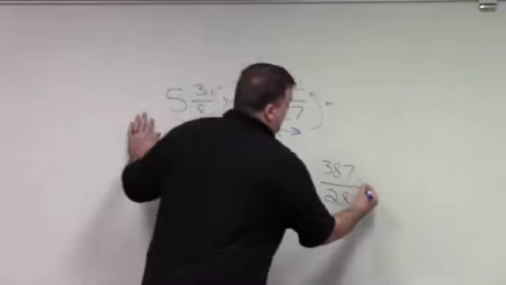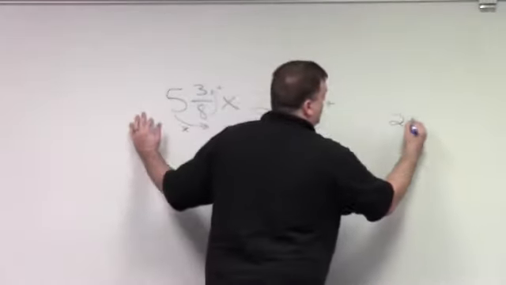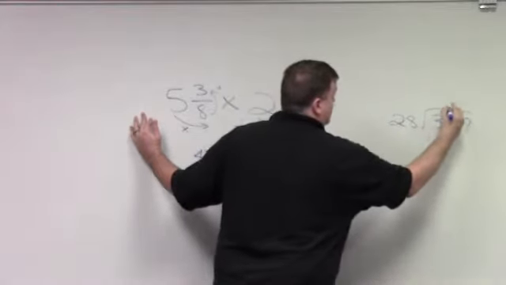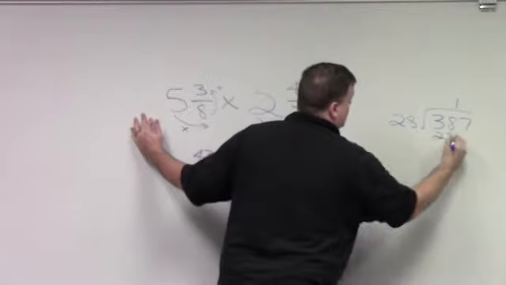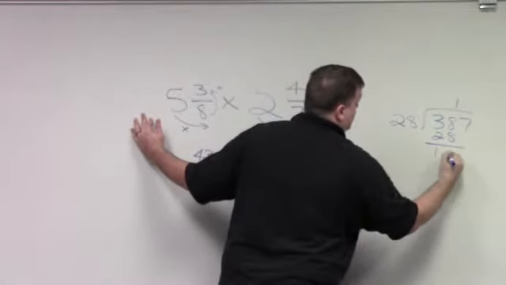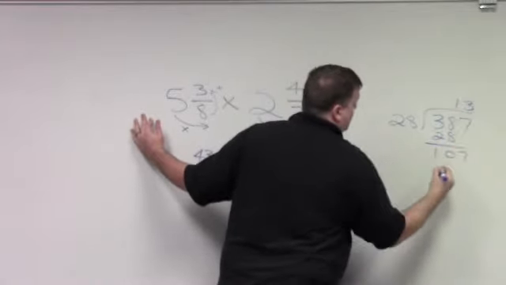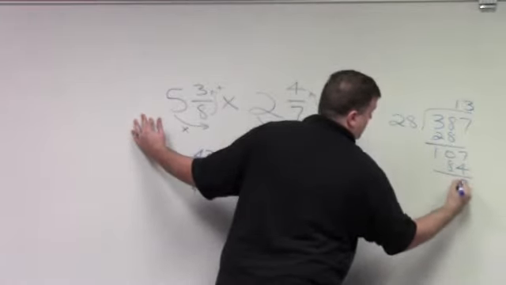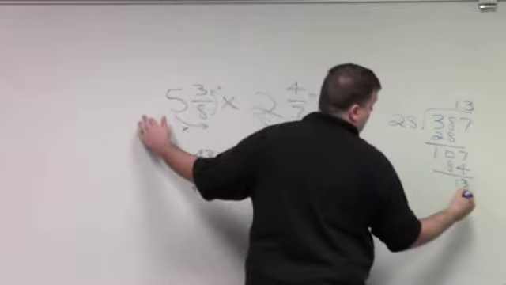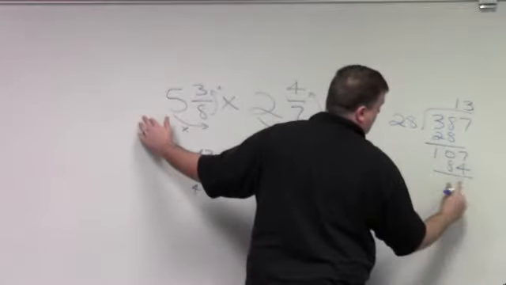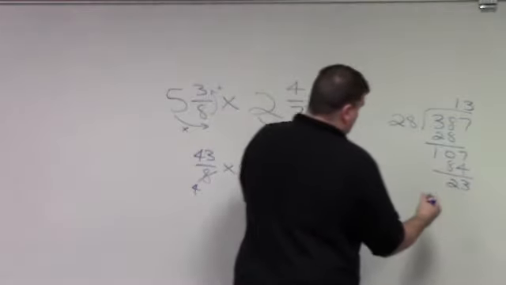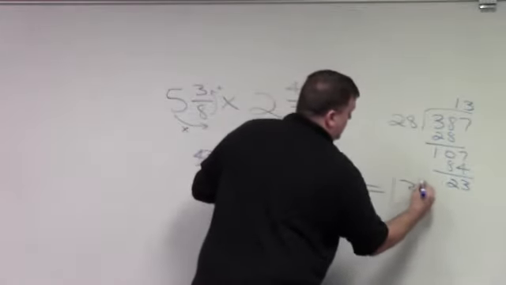So we need to figure out how many times 28 goes into 387. So our answer would be 13, 20, 30.